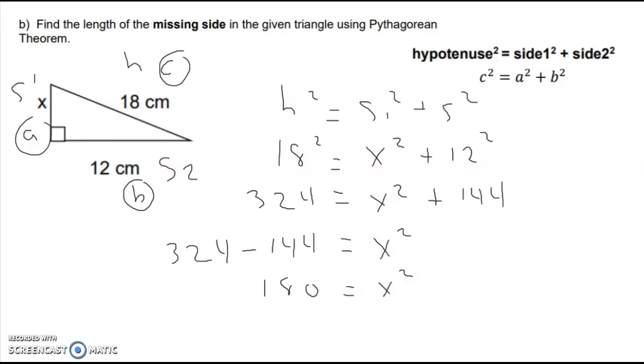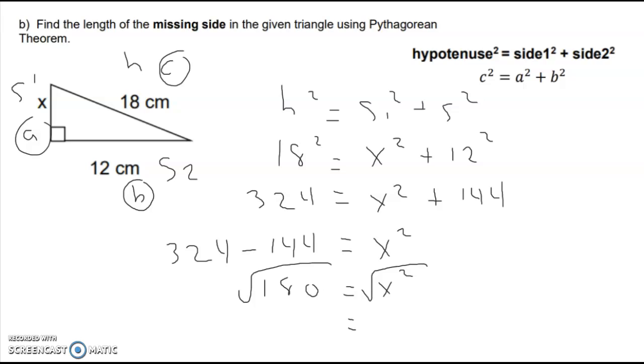But now we need to solve for x. The opposite function of x squared is called square root. So we are going to take the square root, and if you do it to one side, remember, you have to do it to the other side. Keep my equal sign lined up. The square root of 180, you're going to end up with 13.4164.